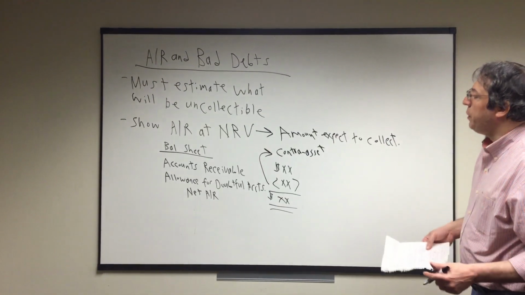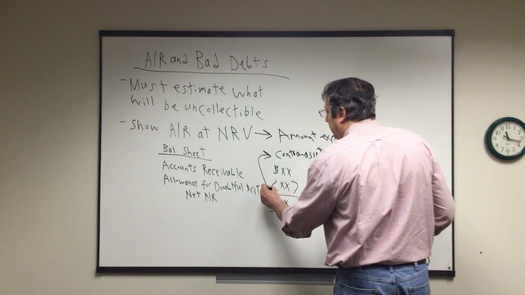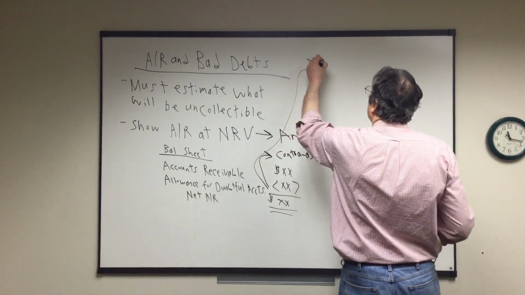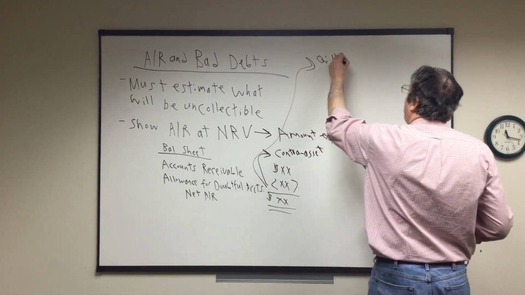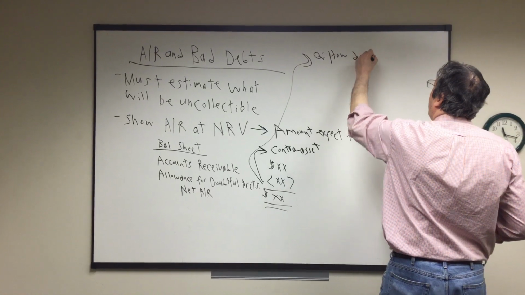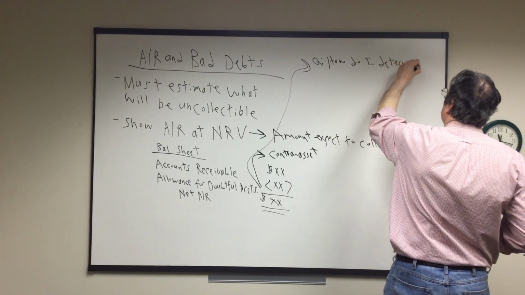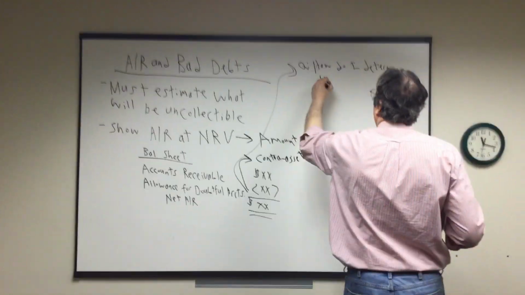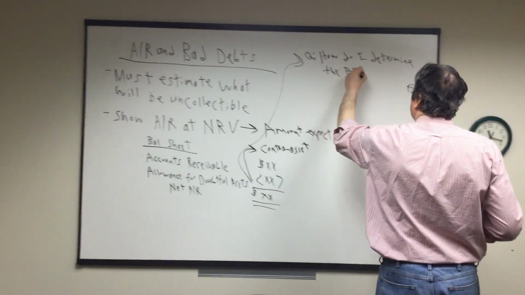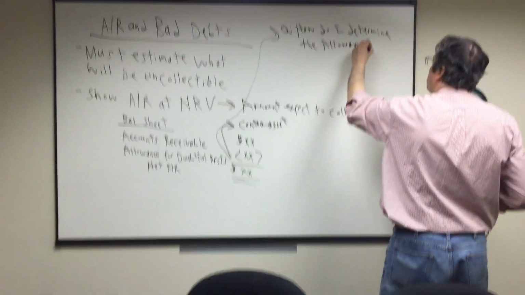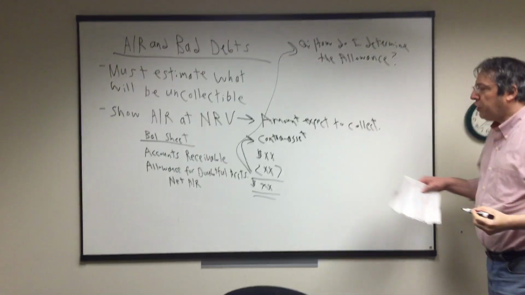All right, so now I guess the $1 million question is this. How do I determine the allowance? All right, we know we need to book an allowance for doubtful accounts.